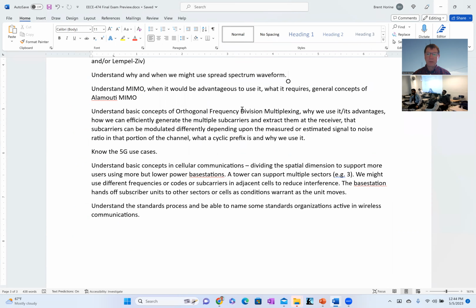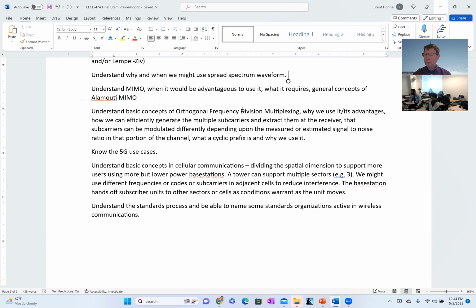And again, that's where we end up with that sin x over x frequency dependency. And we squeeze them together in that orthogonal condition where the nulls of that sinc x response lay on the peaks of the others, or vice versa. And that is our orthogonality condition.